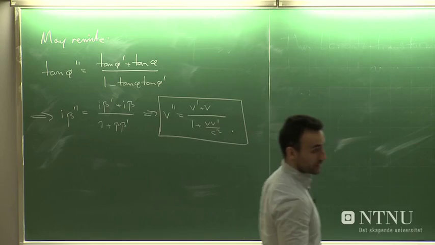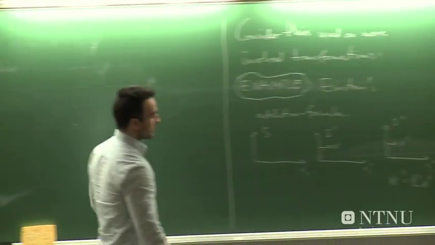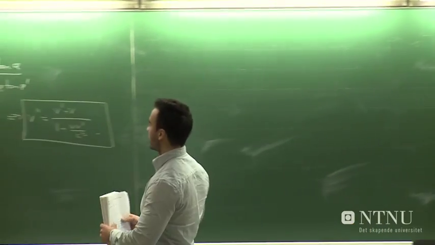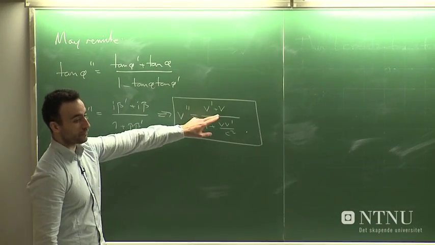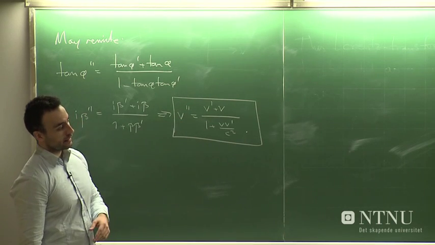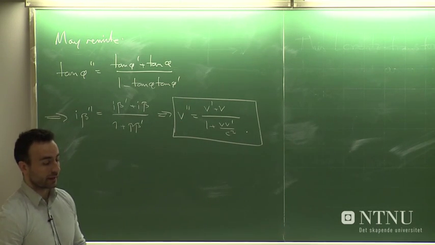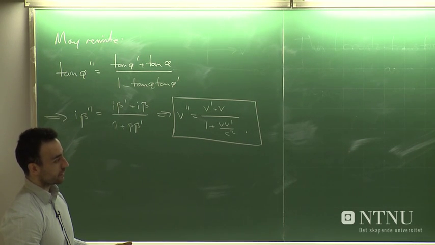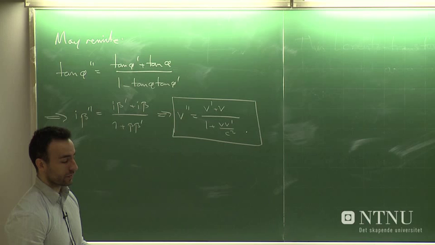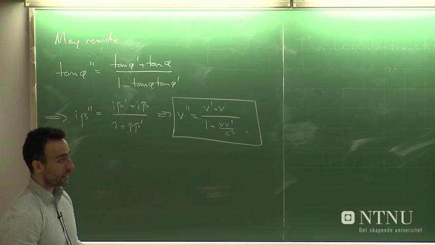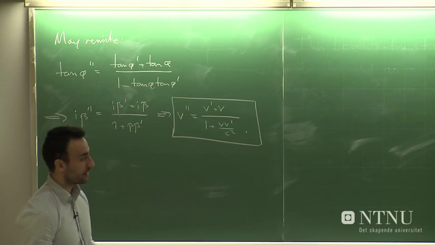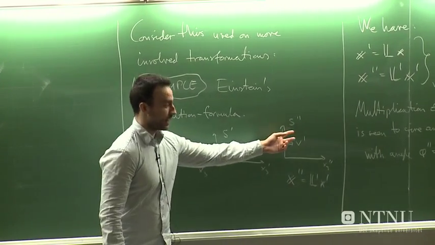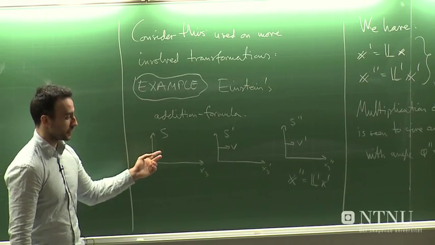So the speed of this double prime system, v double prime, is not simply the sum of v and v prime. In non-relativistic physics, using a Galilean transformation, we would simply find that, okay, if S prime is moving with a velocity v, and S double prime is moving with velocity v prime compared to S prime, well then the velocity of S double prime relative to our original system should just be the sum of these two.